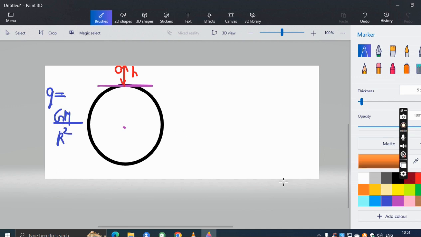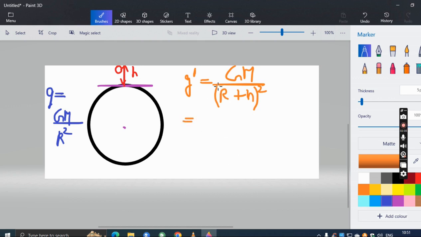Now, after going a height h above the Earth's surface, the acceleration due to gravity becomes GM by (r plus h) whole square, because remember, r is the distance between the centers of mass of the two objects. So now it's going to become r plus h.